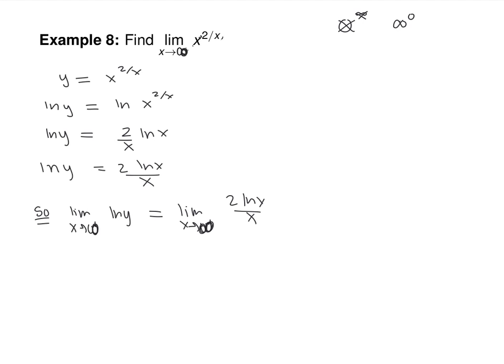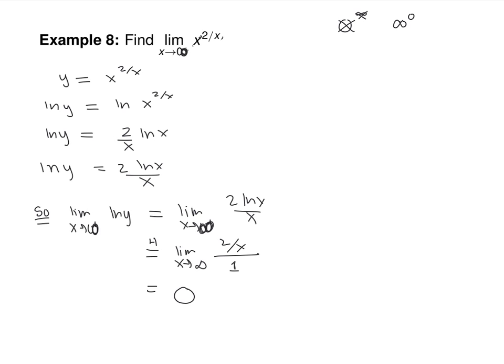So what's this limit going to equal? Over x. And that's going to be 2 over infinity, which, as x goes to infinity, is going to be 0. 2 divided by a big number makes 0, right?